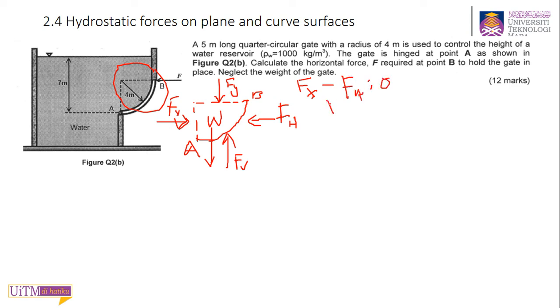So FX equals FH. Then FH equals rho g h_c A. For h_c of FX, 7 minus 2, 5, from here. 7 minus 2 is 5, right? Then its A is 4 times the length, which is 5. 4 times 5 is 20.